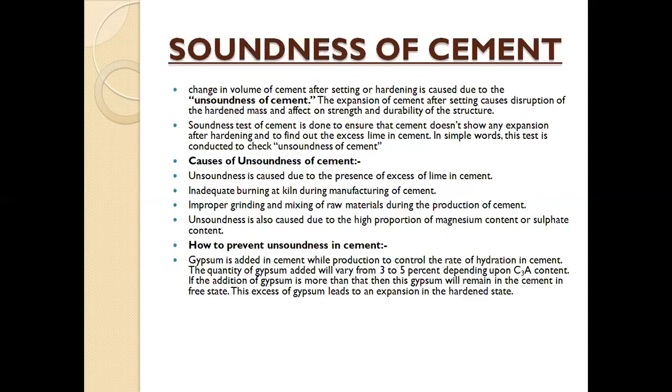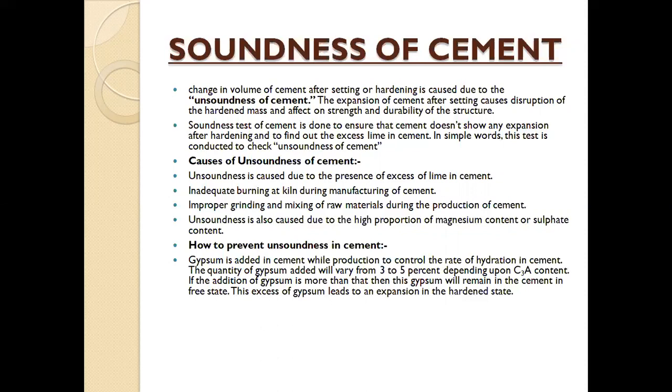Inadequate burning in a kiln during the manufacturing of the cement: material which is not properly burned will show expansion. Improper grinding and mixing of raw materials during the production of the cement, that is improper mixing of various raw materials required for the cement, will cause the unsoundness of the cement.